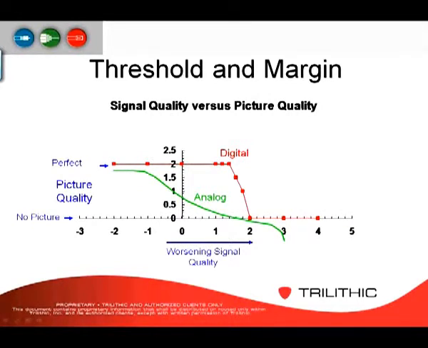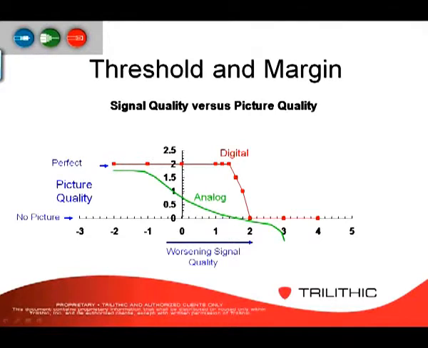So this kind of shows you what your picture quality is, and how it can look good, and then all of a sudden it drops out. If you look at the red line that's going across, well, first of all, let's talk about the axis itself. The bottom axis that's going horizontal is the signal quality, getting to the point of no picture.